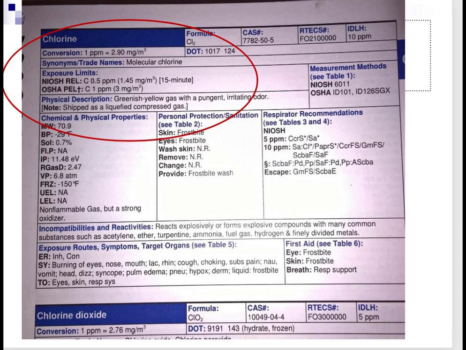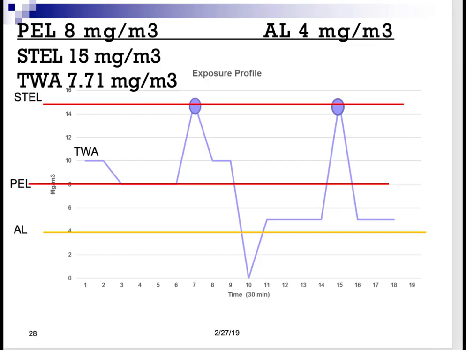Or here in this example, NIOSH also has a recommended exposure limit as the maximum amount that a person can be exposed to over their work day or their work week. So another way to look at this is if the permissible exposure limit is 8 milligrams per cubic meter, that would be this red line right here.